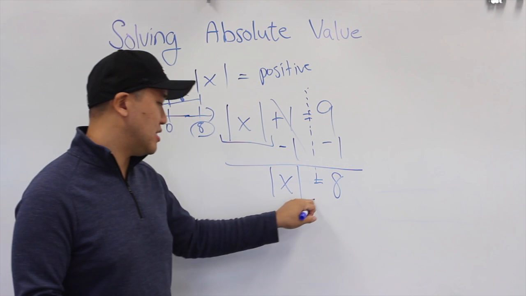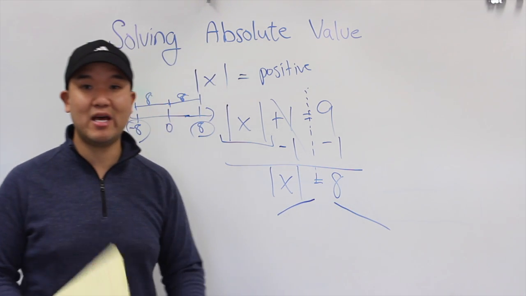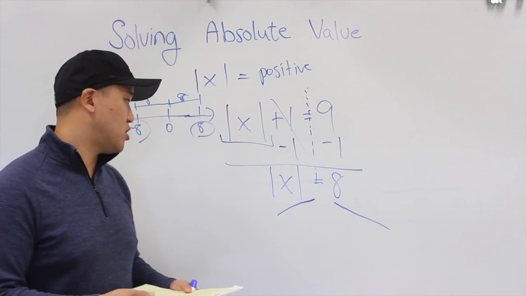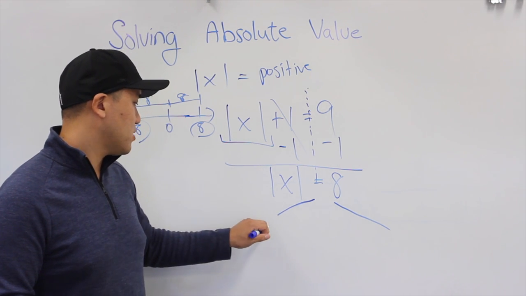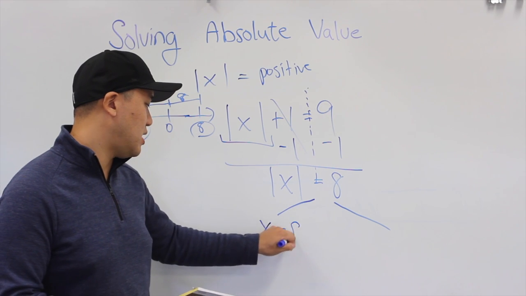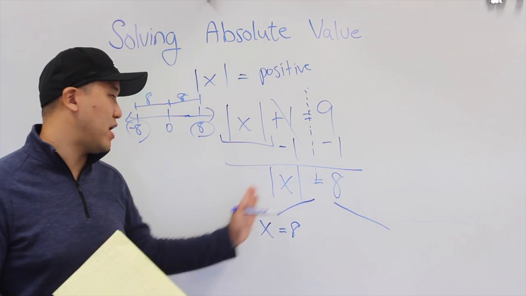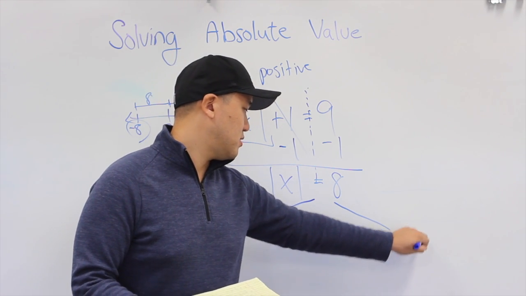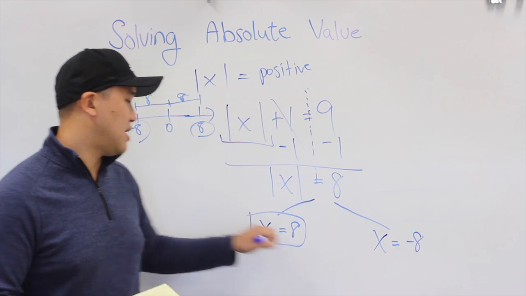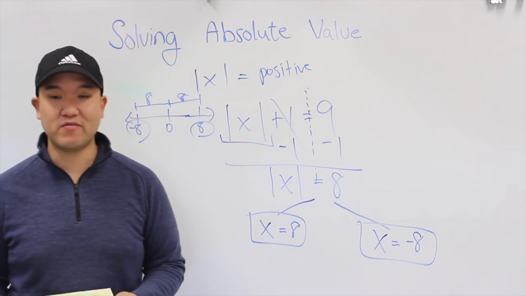I'm going to practice how I split this now, because we're going to use that when we have a multi-step. So let's take a look here. You have x equals 8. So the left side, I just rewrite it how it is. The other side, you make the other side negative. So you have 2 answers. You have +8 and you have -8.